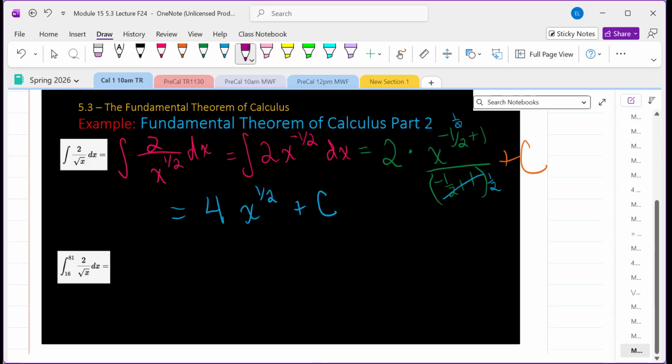Now there is a weird notational way to notate what happens with antiderivatives and definite integrals. So I just figured out my antiderivative formula.